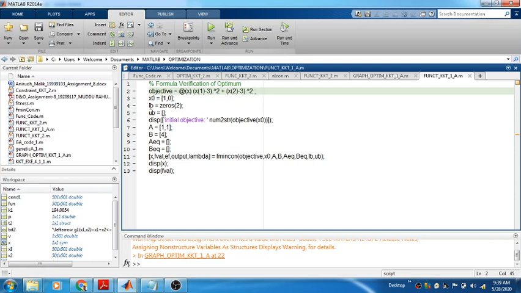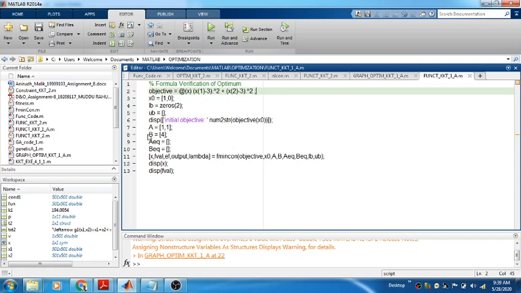Okay, what about this lb? This is the lower value of x1 and x2, and this is the upper value of x1 and x2. I did not write it, but although you can write it, it doesn't matter.